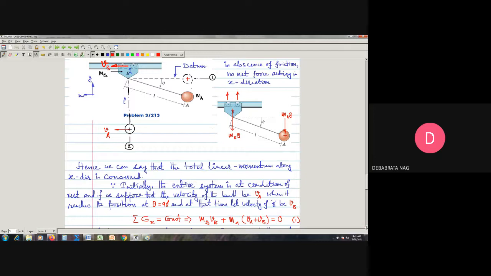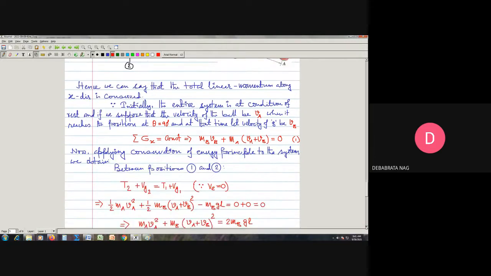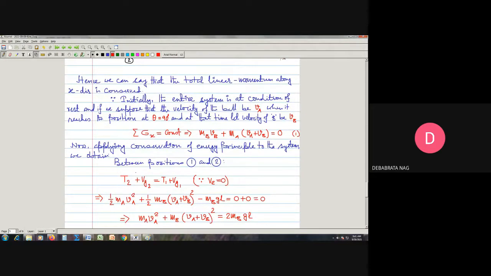So therefore, if we write this position, we can say that T2 plus Vg2 is going to be equal to T1 plus Vg1, and therefore the total mechanical energy of my trolley B will be given by half MB into VB square, plus this will be the total kinetic energy.